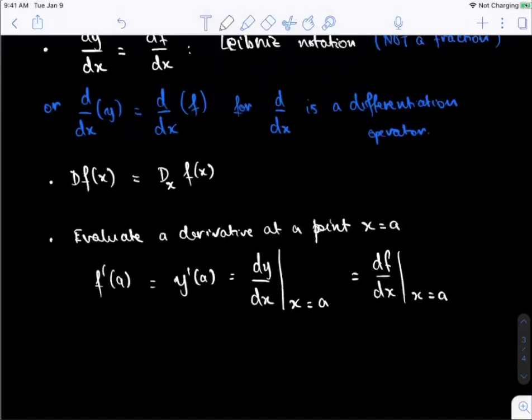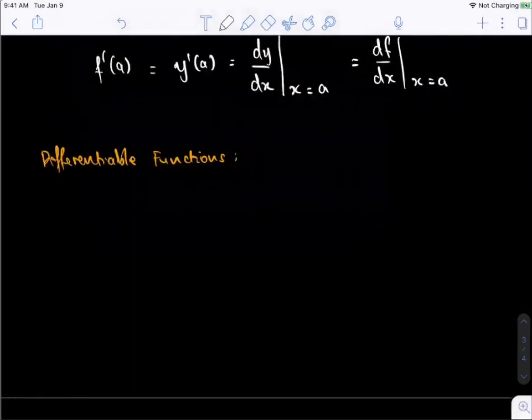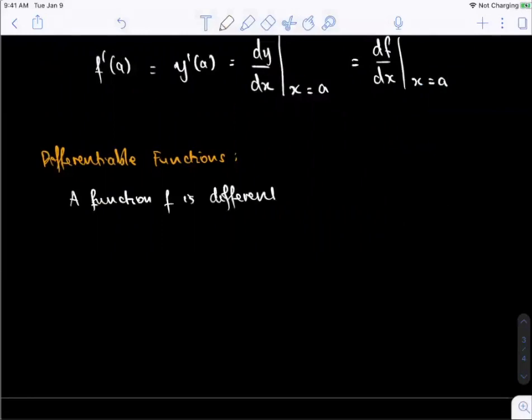Let me quickly introduce differentiable functions. A function f is differentiable at a if f prime of a exists.